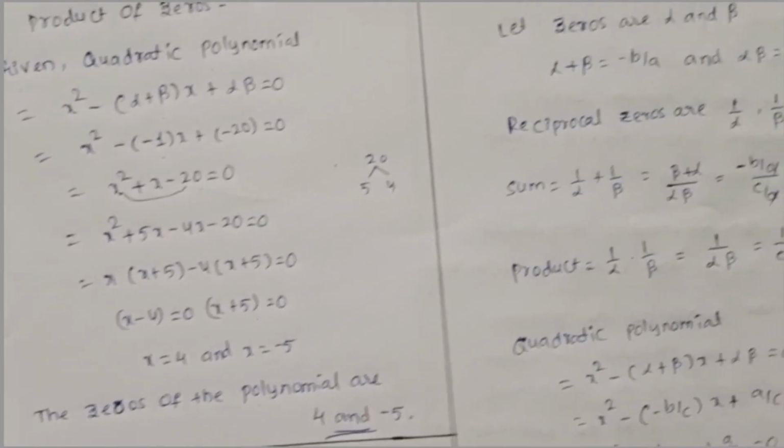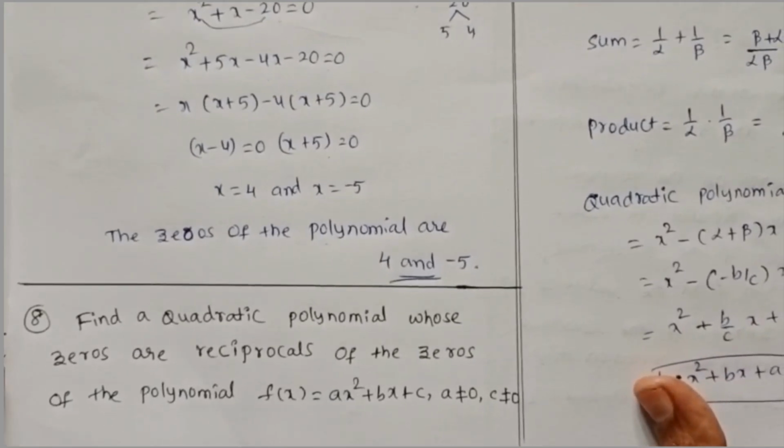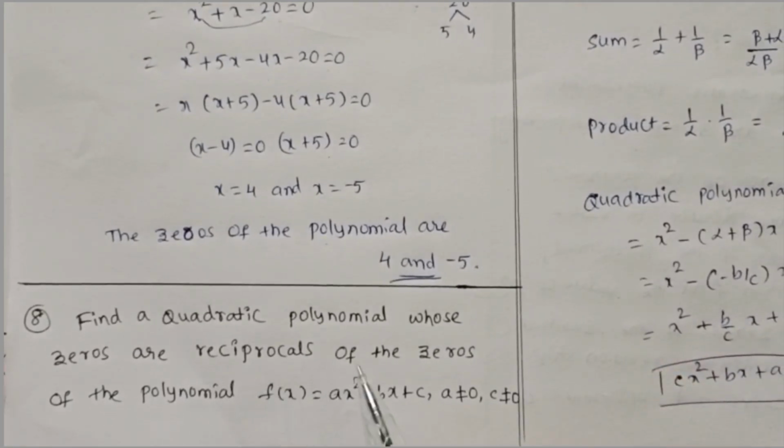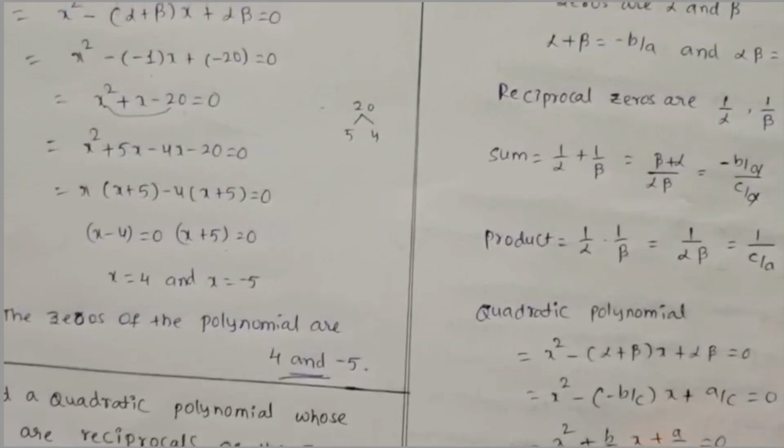The next question is the 8th question, that is: find a quadratic polynomial whose zeros are reciprocals of the zeros of the polynomial f of x is equal to ax square plus bx plus c, a not equal to 0 and c not equal to 0.